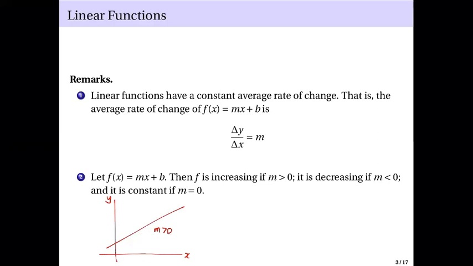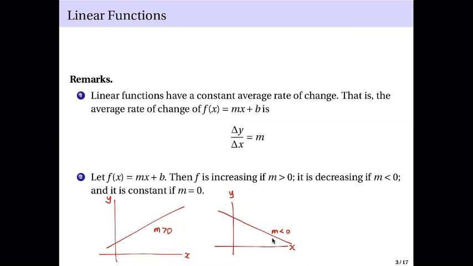And then when m is negative, so this is your Cartesian plane, x and y, your graph will be something like this. This is decreasing, slanting downwards from left to right. So as you increase the value of x, the value of y decreases.